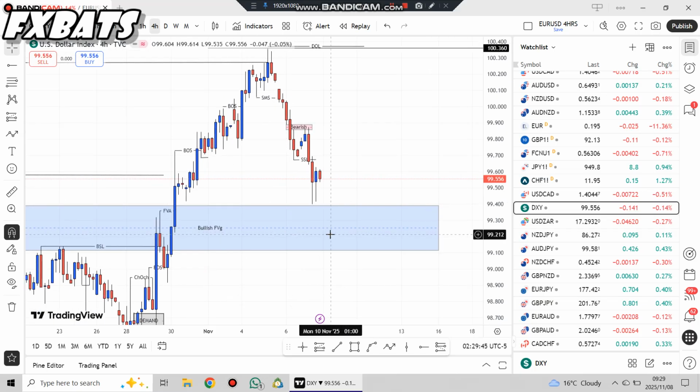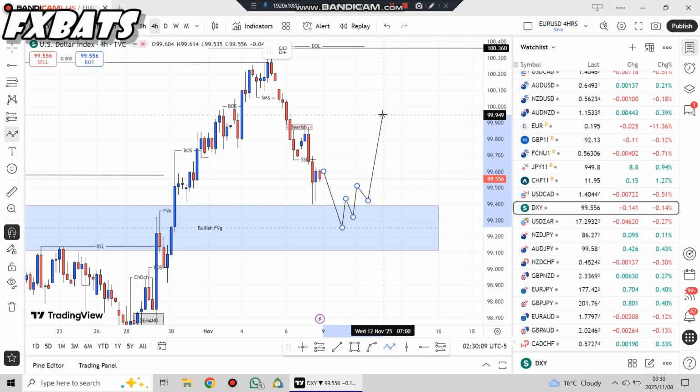This is the weekly bullish fair value gap. I'm hoping to see price come and react off of this weekly fair value gap. Then after, there are a lot of entry models. Maybe you would wait for a shift of market structure, definitely, so that you can decide to go long.